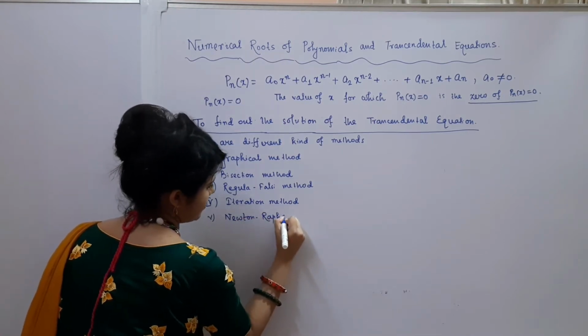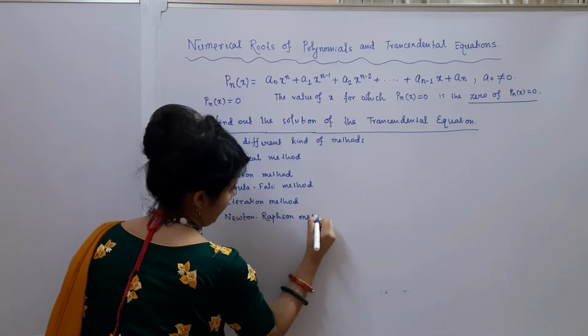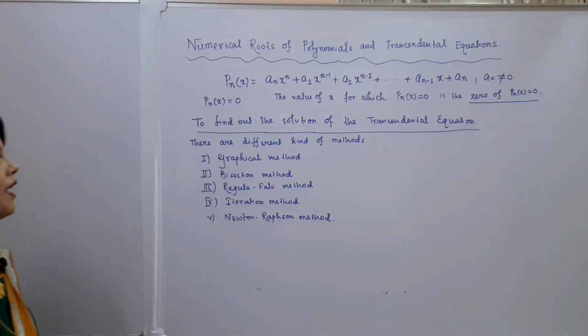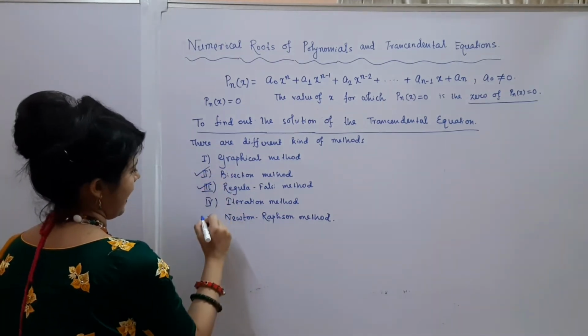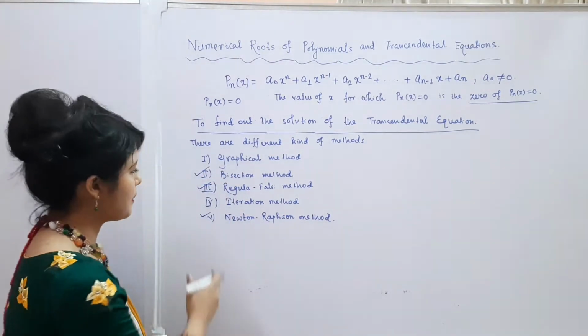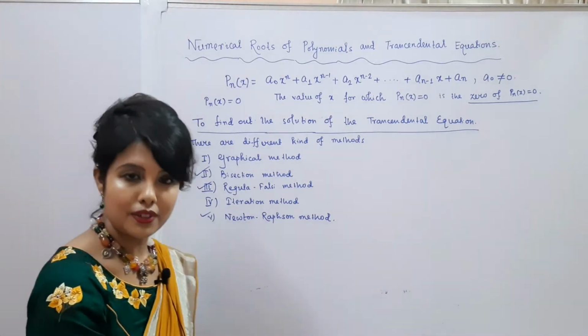Of these, the bisection, regula-falsi and Newton-Raphson methods are very important, and these 3 are within your syllabus.